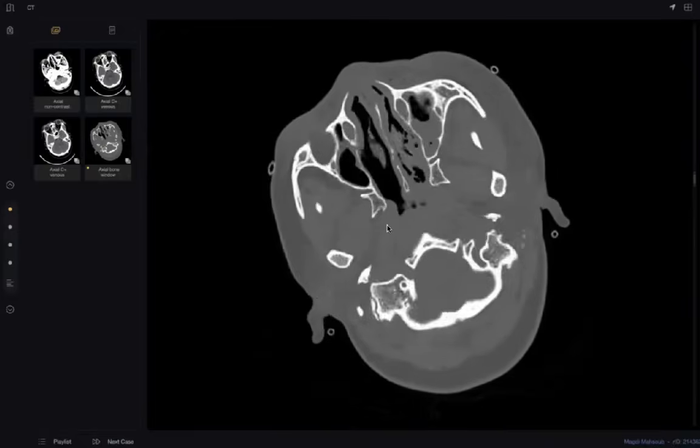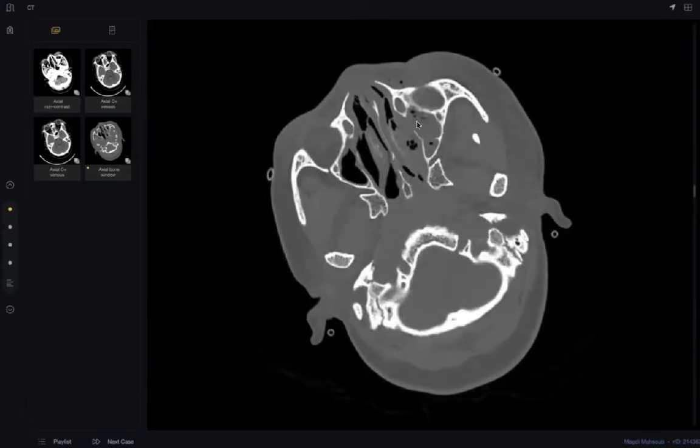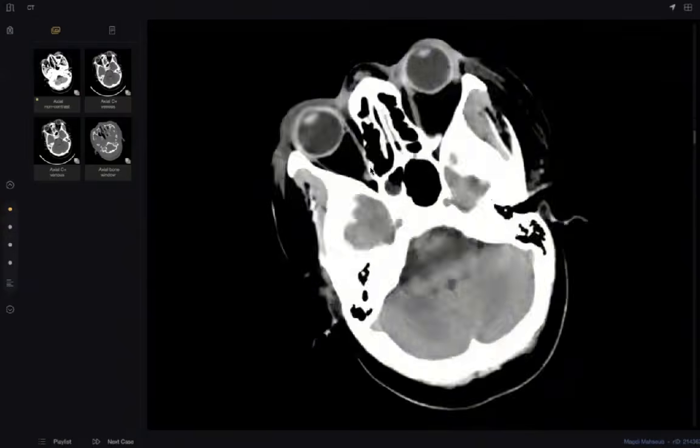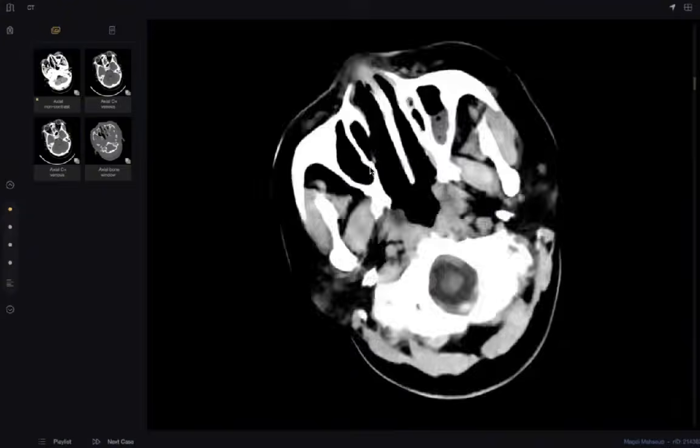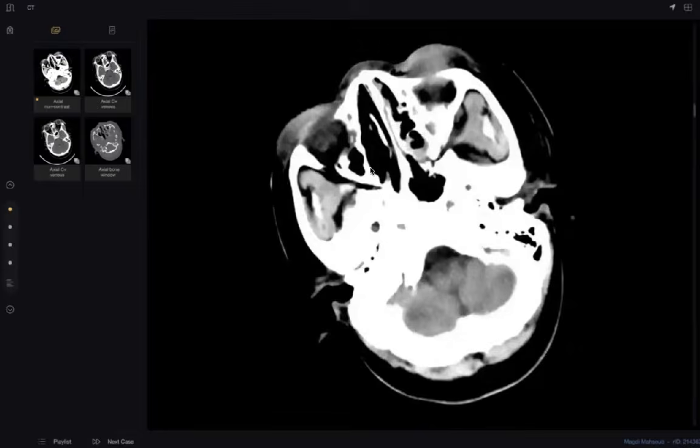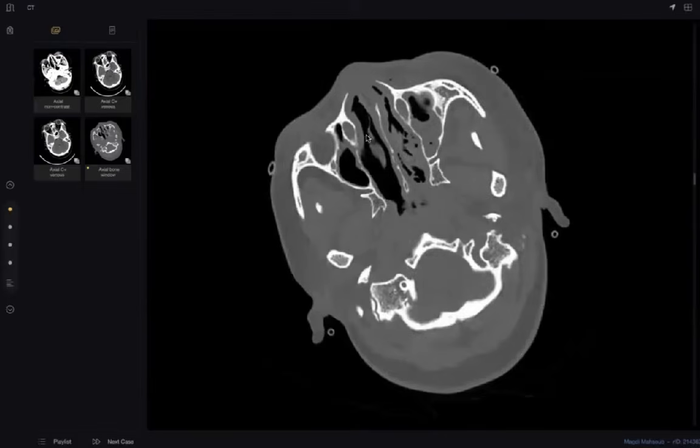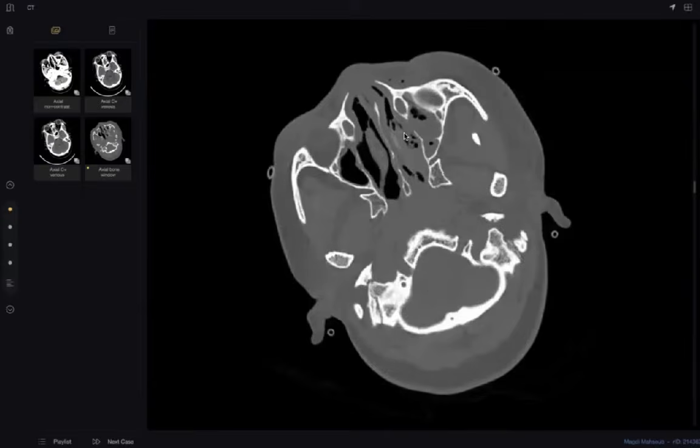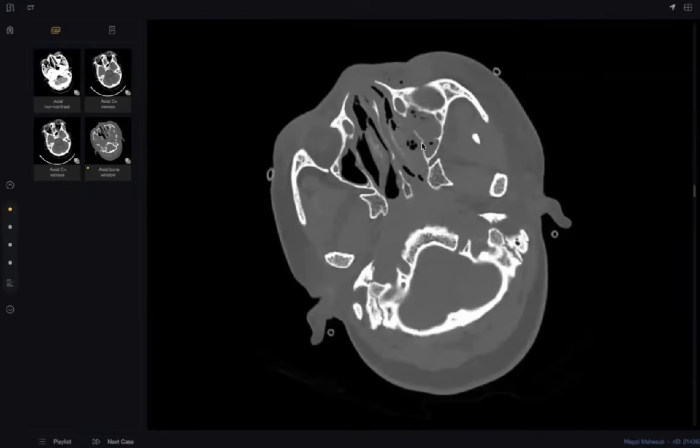The other sign is hyperdensity of the sinusitis. But really, there is no hyperdensity here; at least there is some bone erosion. And after using MRI, I think you can detect some other findings.